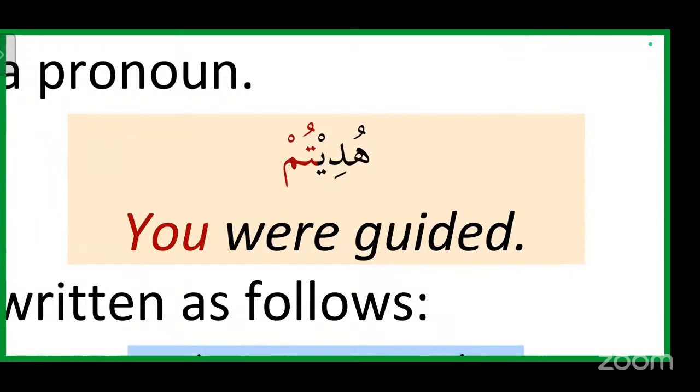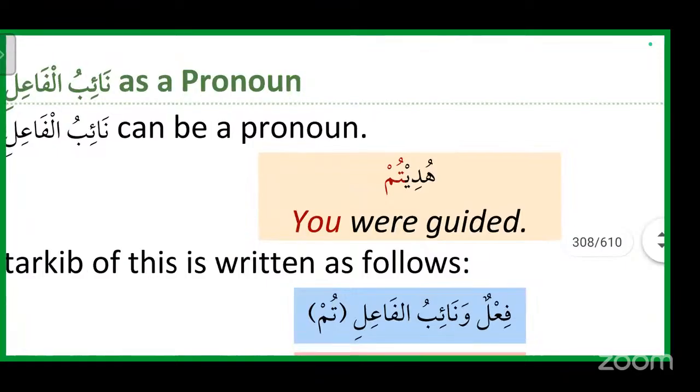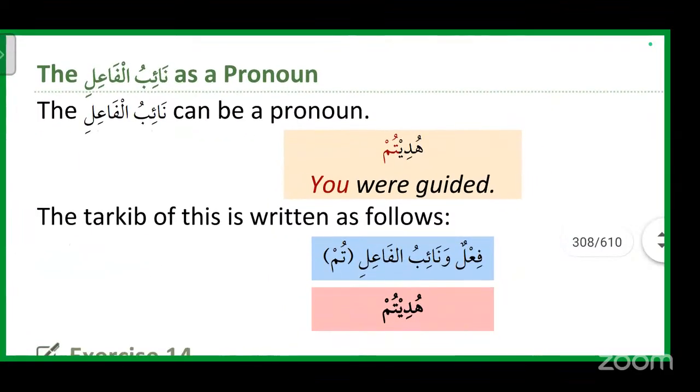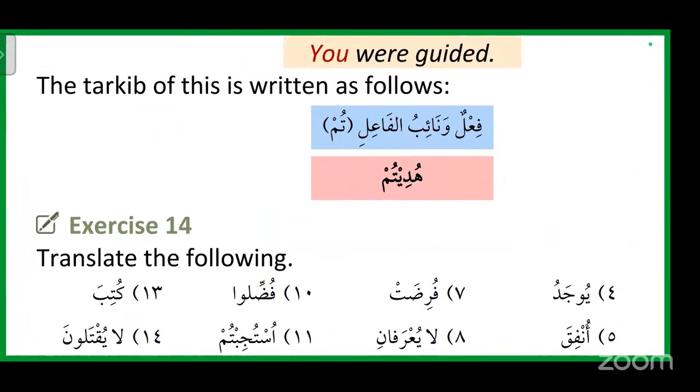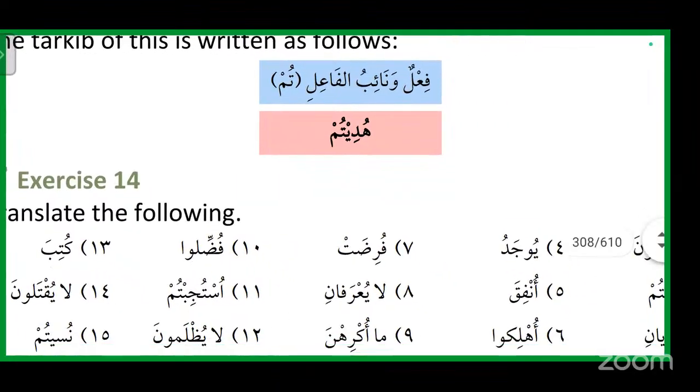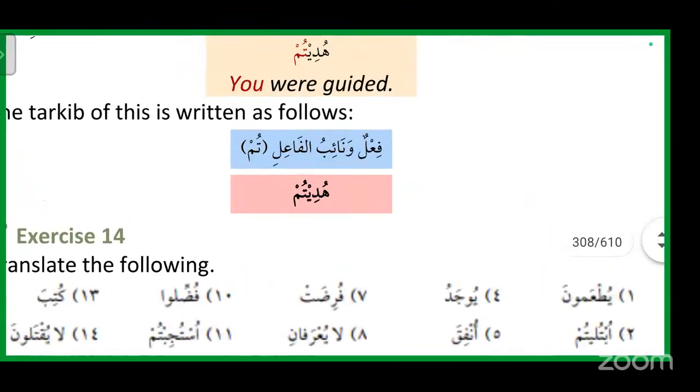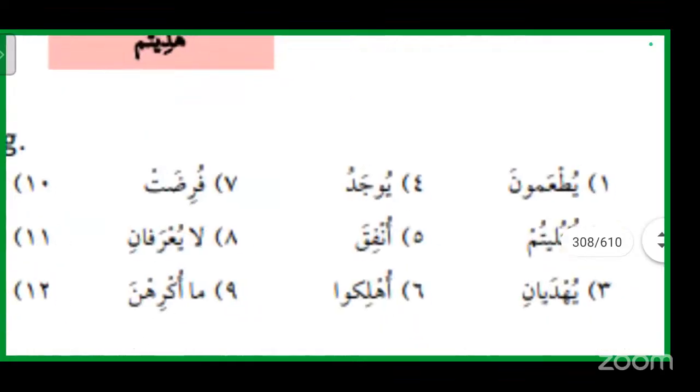Hudaytum. You were guided. The tarkib is written as follows. Hudaytum is the fa'il and naib fa'il, which is tum, fa'il and naib fa'il together. Hudaytum. You were guided. Okay, let's do the exercise.